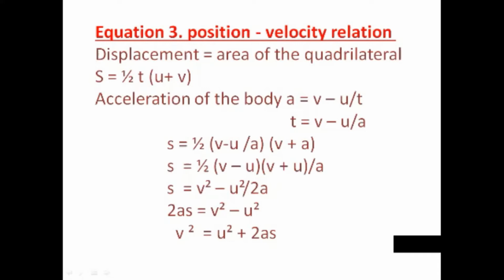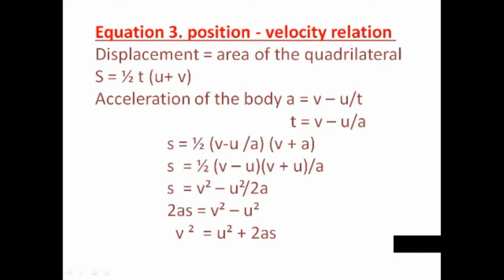So, substituting for T in the equation, S is equal to half into V minus U divided by A into U plus V. In the next step, half V minus U into V plus U divided by A. From here we get V square minus U square divided by 2A.